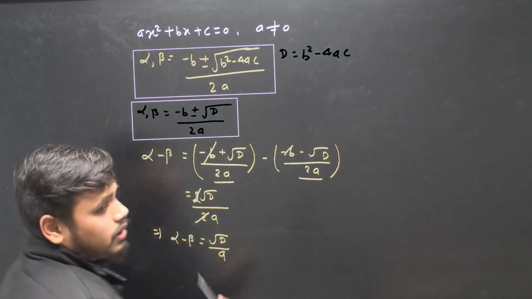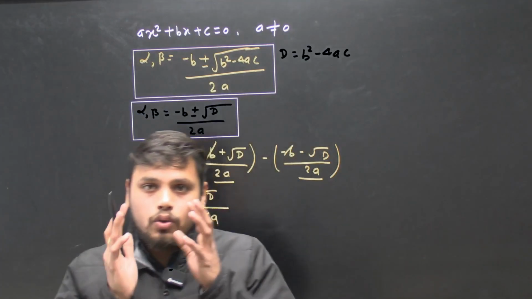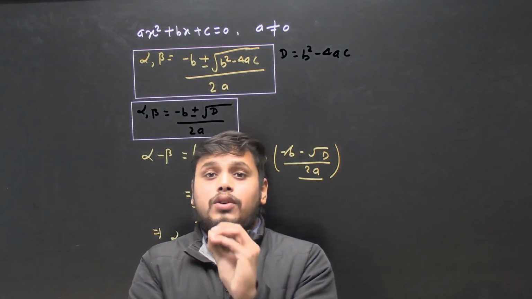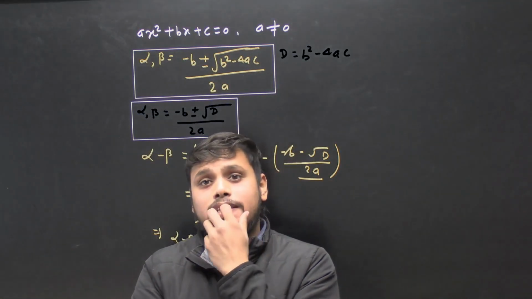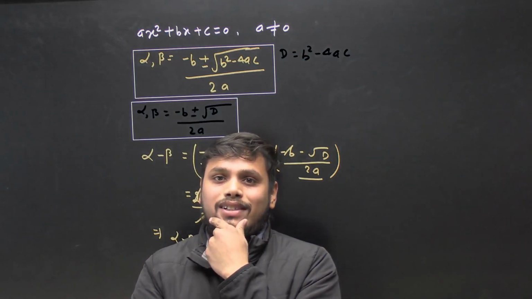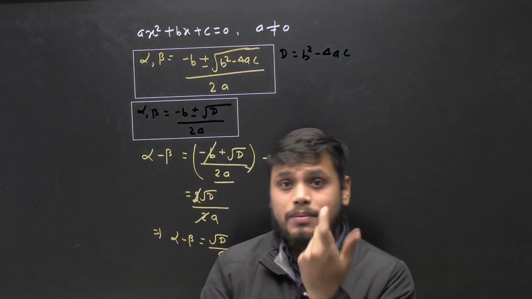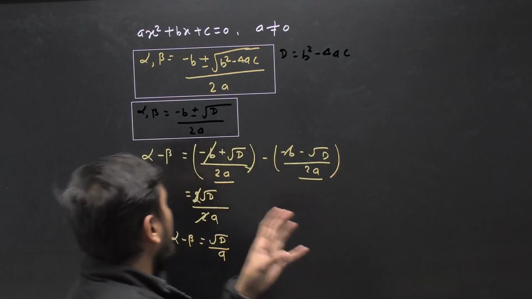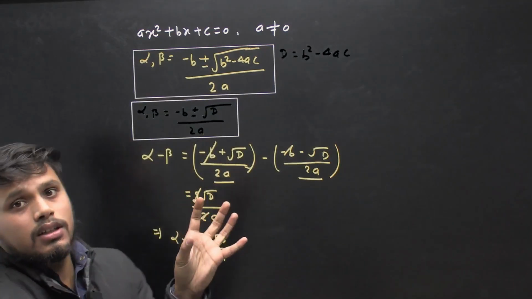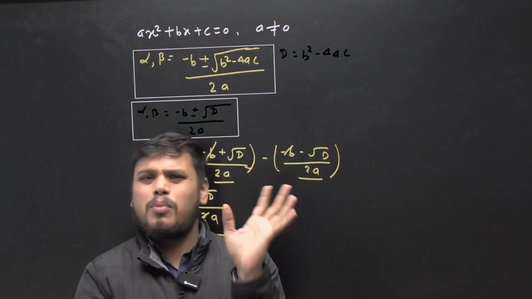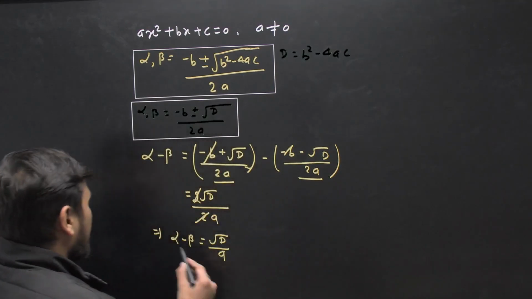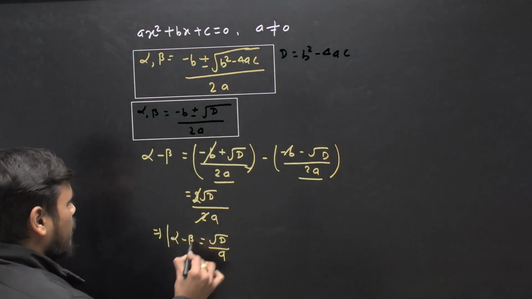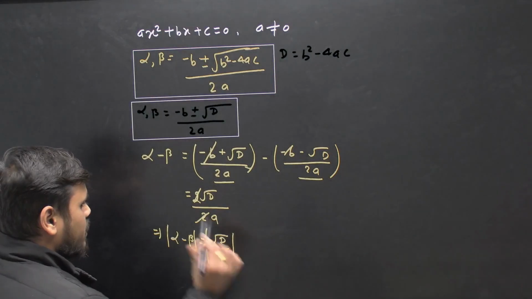Okay, now here is a catch. Actually we do not know which root, alpha or beta, is greater or larger. So we cannot say whether alpha minus beta is positive or negative, but whenever we use the term difference, it always means we are considering the positive difference. So we can put a mod over there, like positive difference, right?